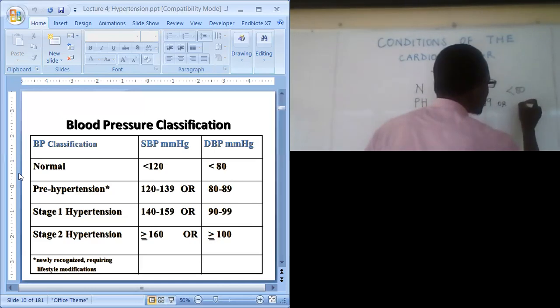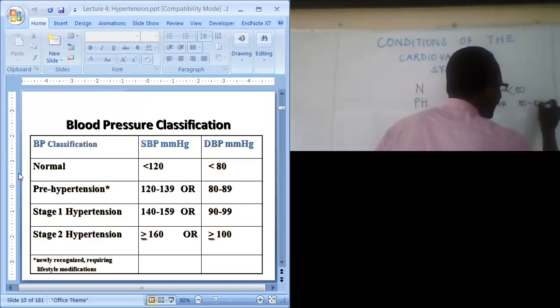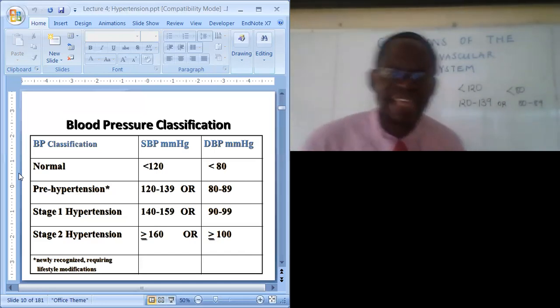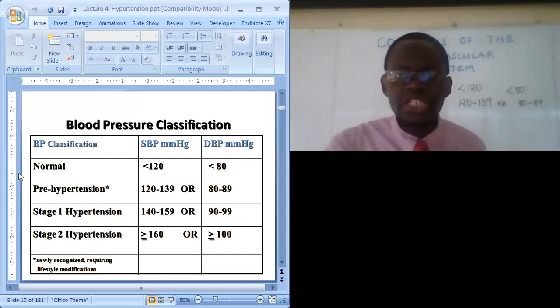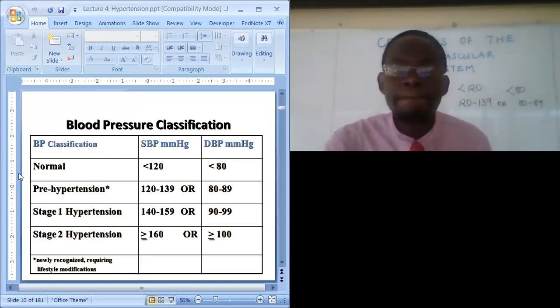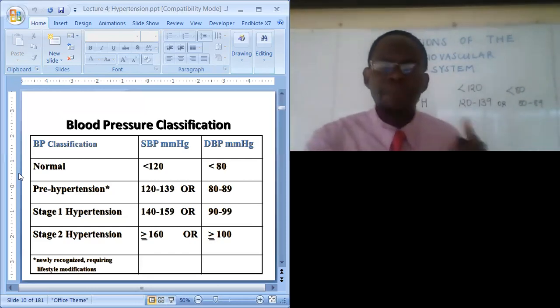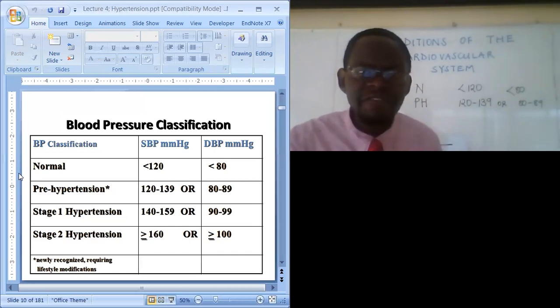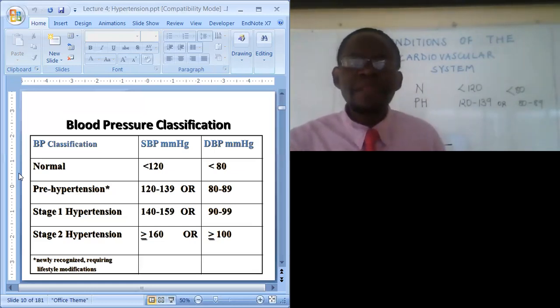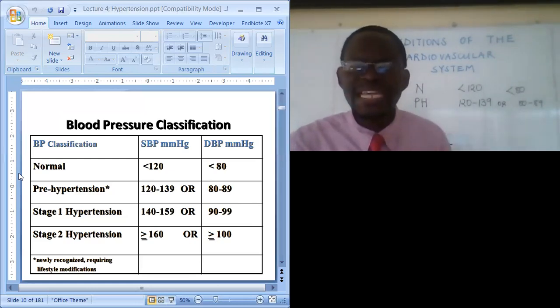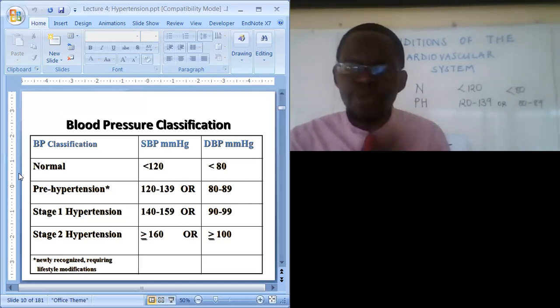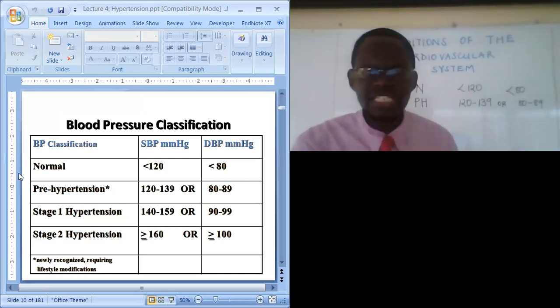In other words, someone can have an increased systolic of between 120 to 139, and they are referred to as pre-hypertension, or they can have a diastolic of between 80 to 89, even if the systolic is normal, and then they are referred to as pre-hypertensive.